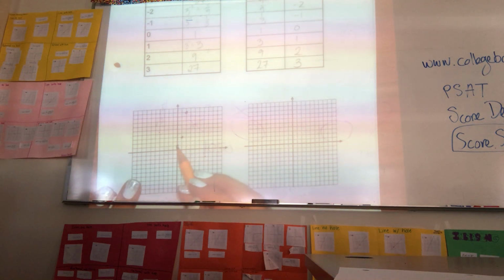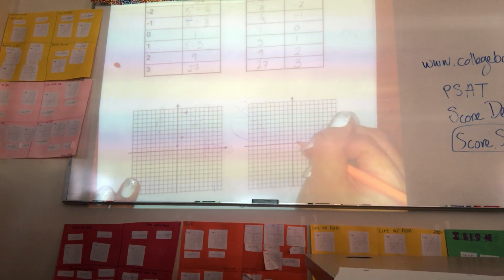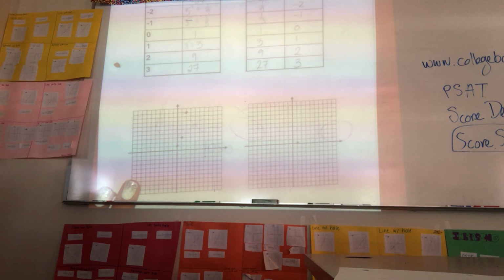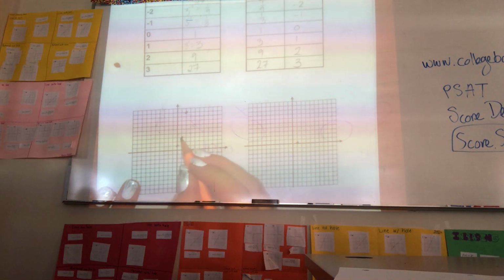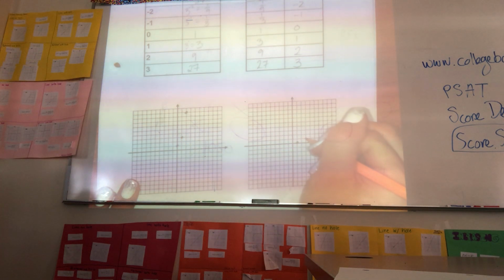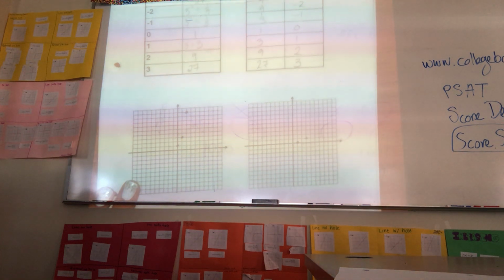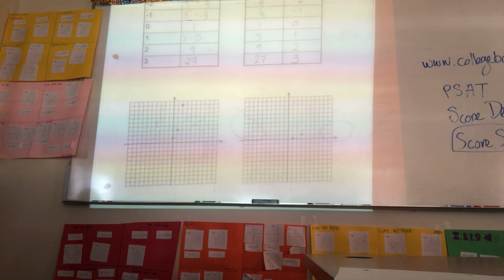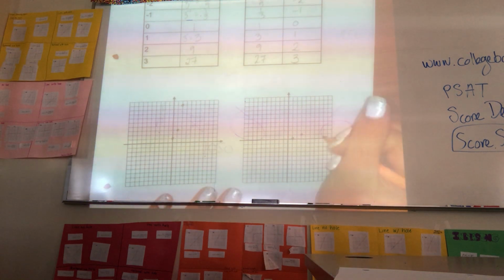So 0, 1 becomes 1, 0 for log. 1, 3 becomes 3, 1. 2, 9 becomes 9, 2.